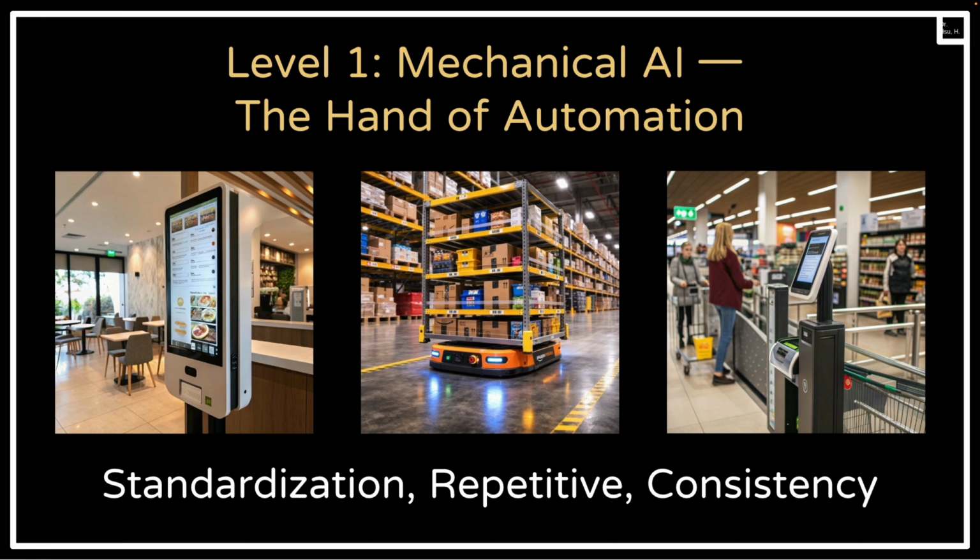These examples are visually perfect for this level because they all emphasize routine action. Nothing here requires deep reasoning or creativity. What matters is standardization, repetition, and consistency. Exactly the key word shows at the bottom of the slide.